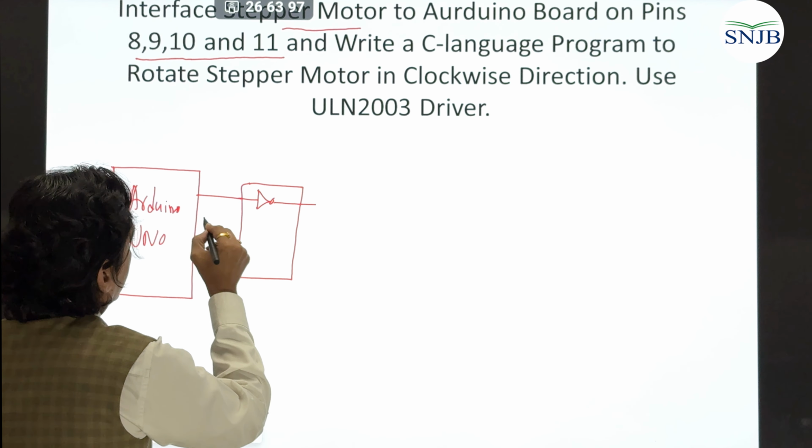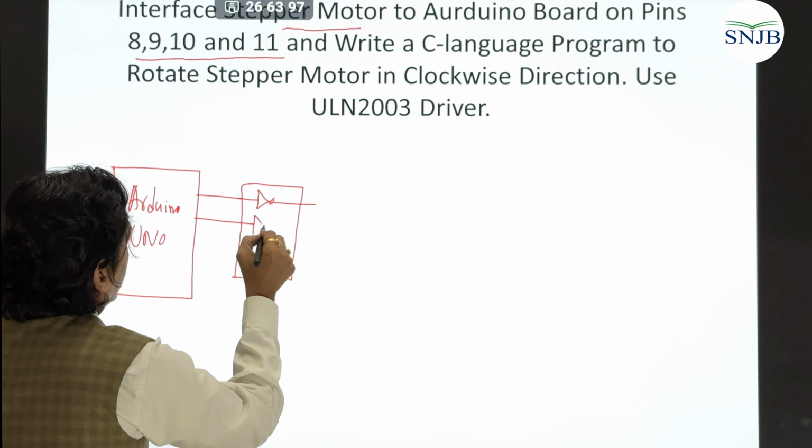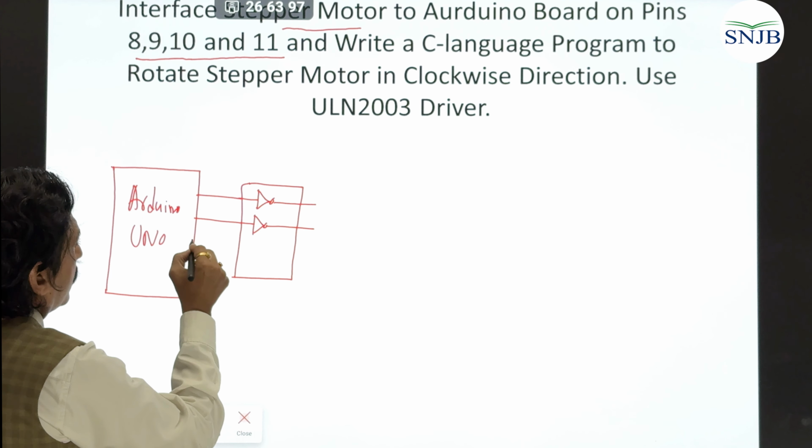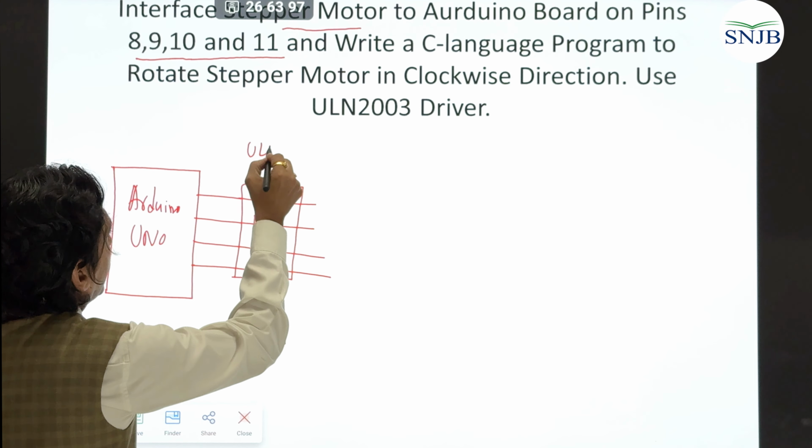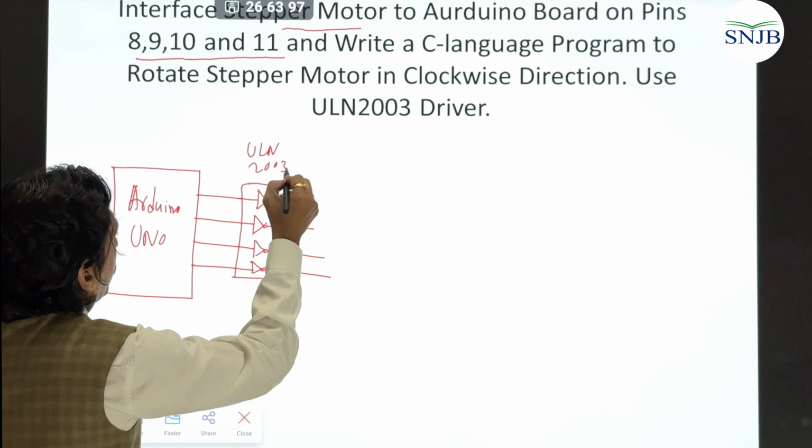You can draw the ULN driver like this, ULN2003.